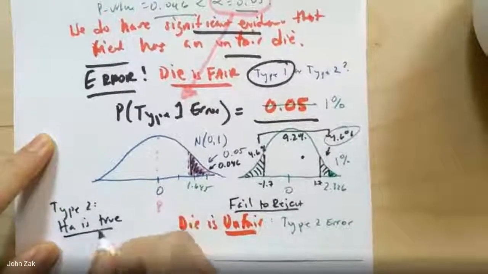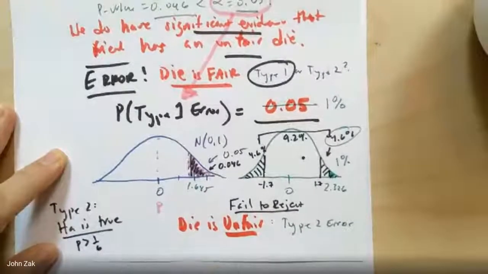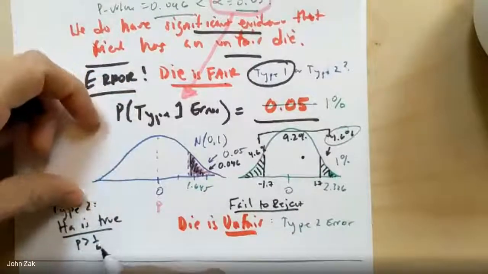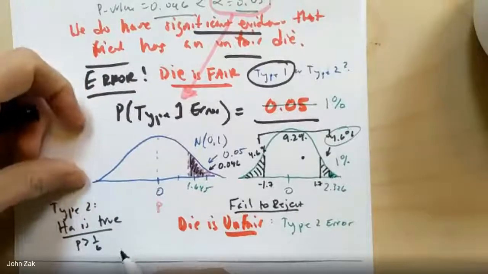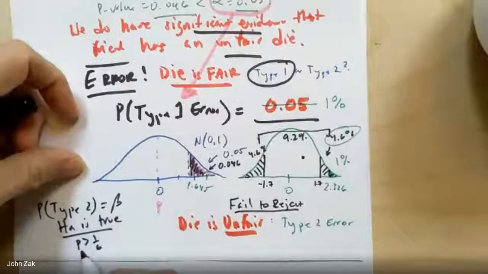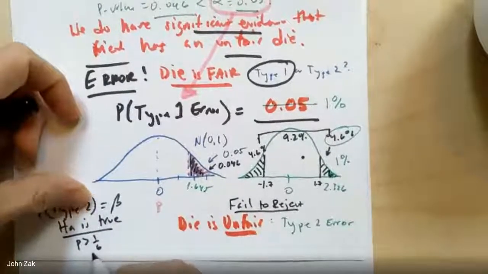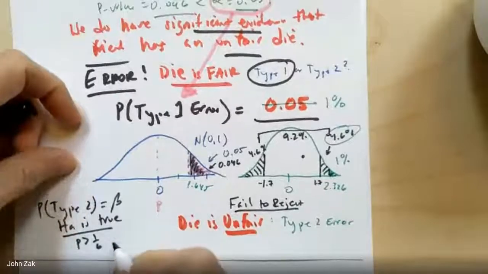That would mean in this particular instance that p is greater than 1/6. The only way to calculate the probability of a type 2 error, which is beta, would be to actually know what the Ha is. We know that it's bigger than 1/6, but what is it?